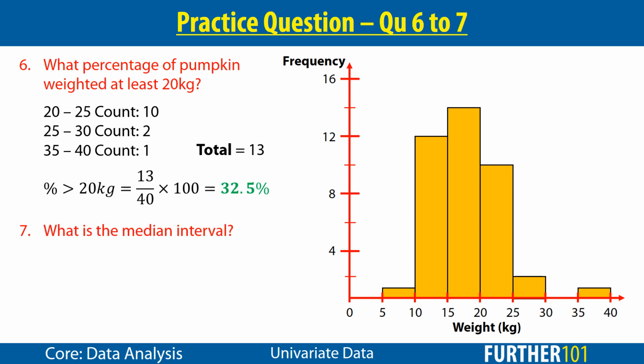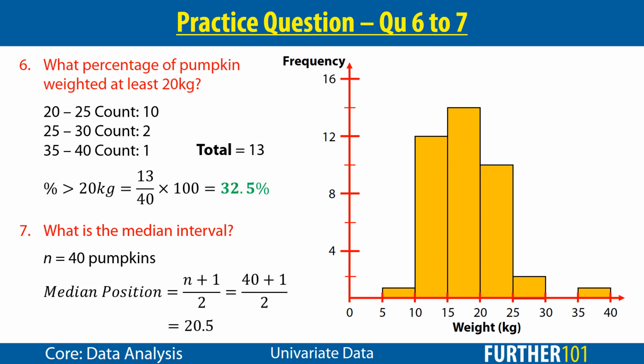And our last question asks, what is the median interval? Well, to calculate the median interval, the first thing we need to do is work out how many data values there are. And from before we calculated that there were 40 pumpkins. Now the second thing to do is to calculate the position. So we'll take our formula of n plus 1 over 2 and put 40 where n is, and we can see that the median is located at 20.5.